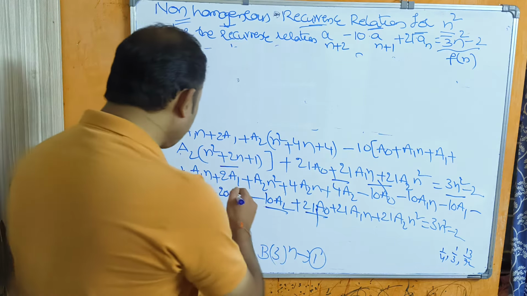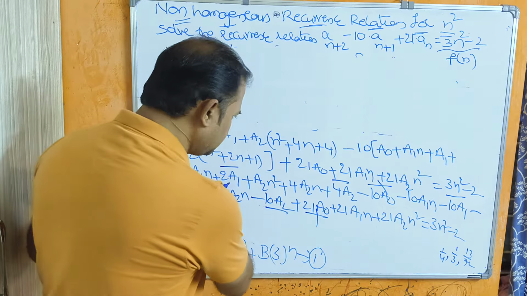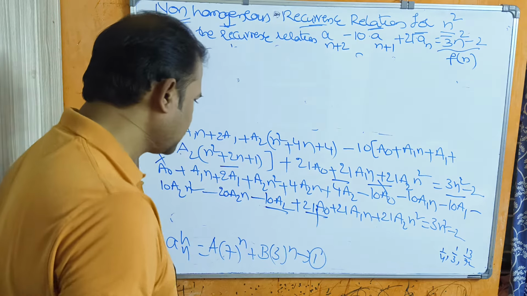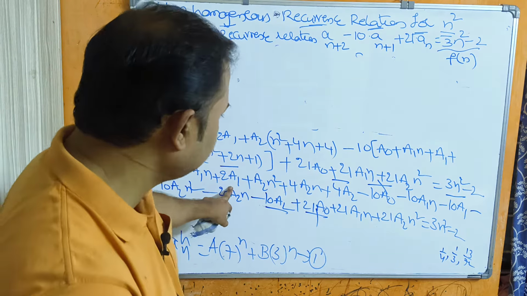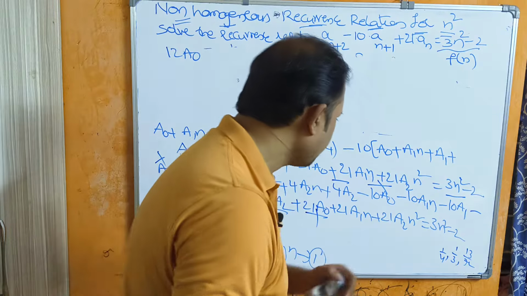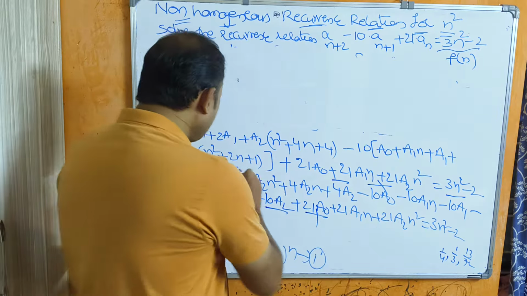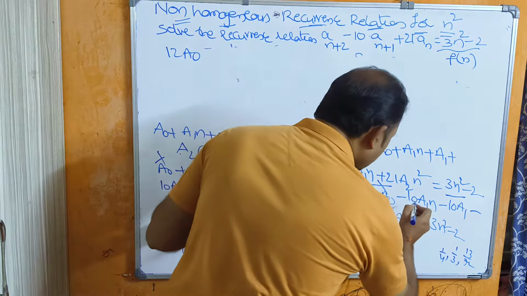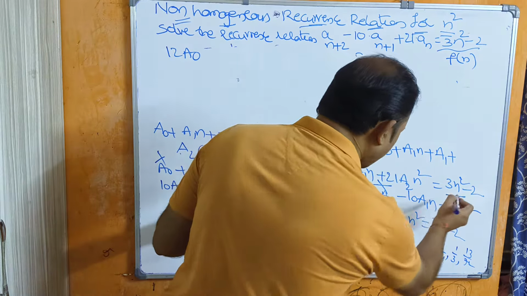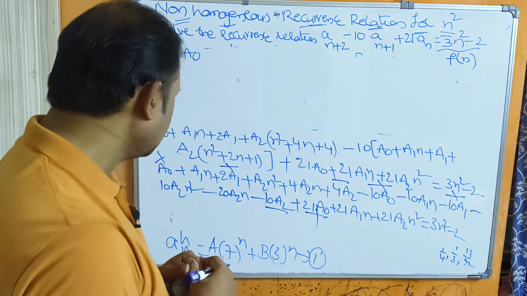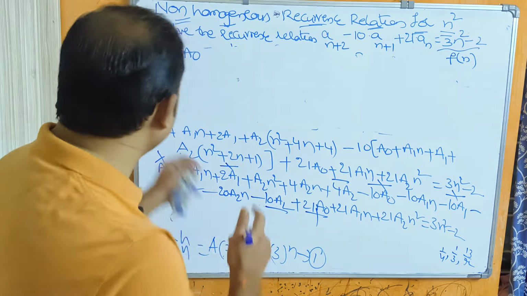Next coming to the a1, 2a1. Next minus 10a1. So 2a1 minus 10a1 means minus 8a1. Minus 8a1.